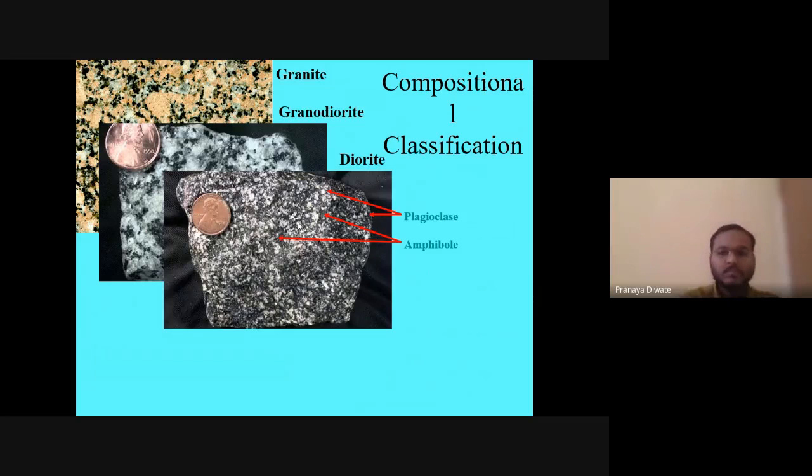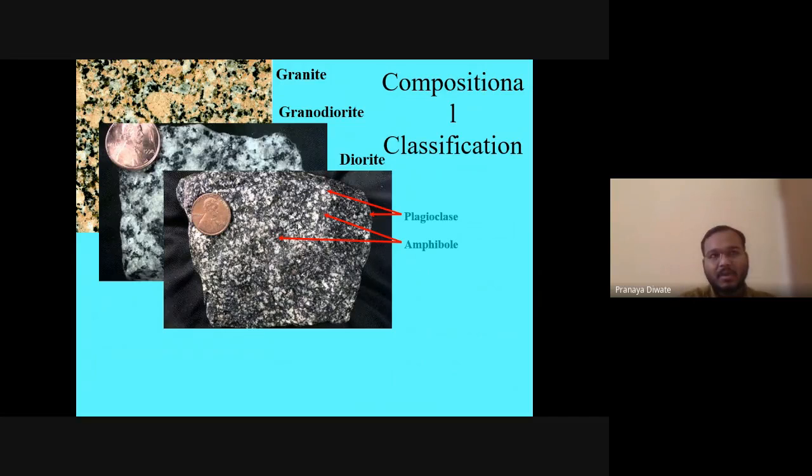Then you have diorite, which has plagioclase and amphibole. The greenish material is the amphibole and the whitish material is the plagioclase. This is how, on the basis of different properties, you can identify the mineral.